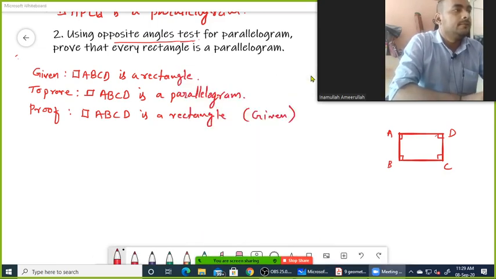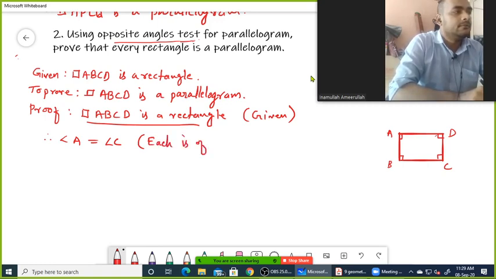And on the basis of this information, I can say angle A is the same as angle C, reason: each is of 90 degrees. In the same way I can say angle B is the same as angle D, because again each is of 90 degrees.